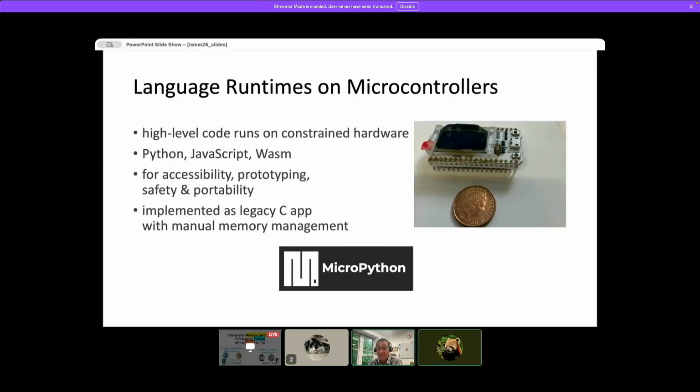Might be for prototyping, maybe to do rapid development of simple IoT applications. Maybe for memory safety, Python, purportedly, JavaScript and WebAssembly are memory safe in some sense. And maybe for portability, you can move these higher level programs across different microcontroller families and architectures.